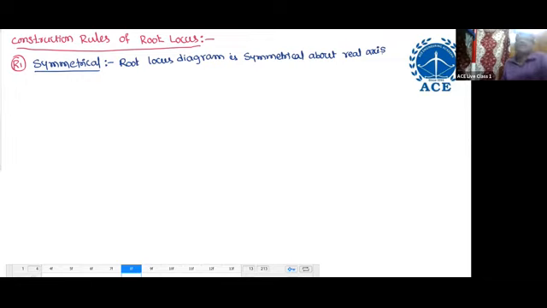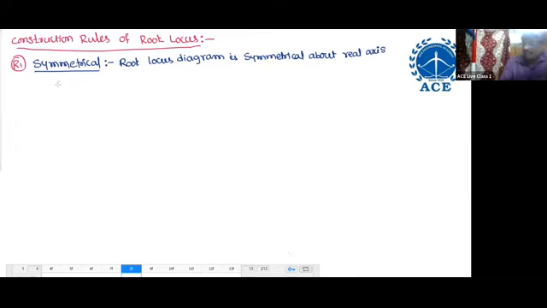Why is it symmetrical about the real axis? Why is the root locus diagram symmetrical about the real axis? Anybody? Nobody?